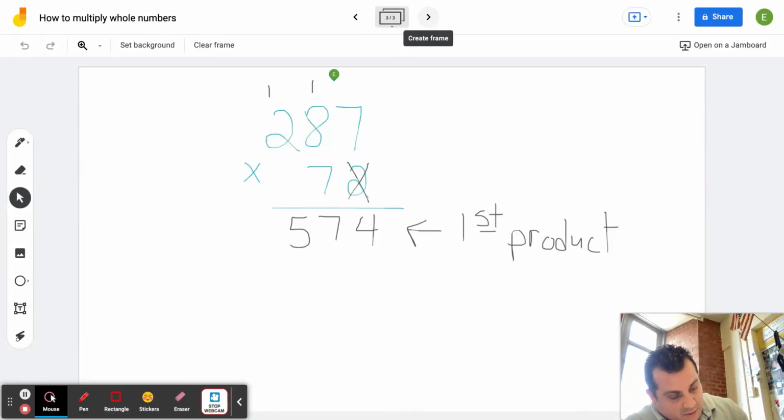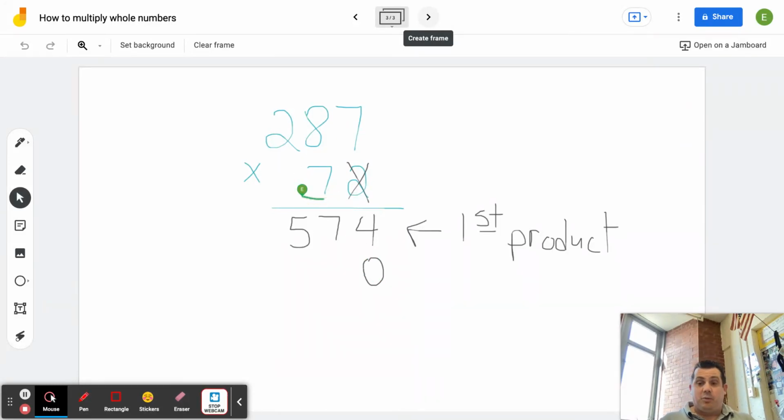Now I'm done with that too. And if I want, I can cross out those numbers that I regrouped. Now I'm doing 287 times 7. But I have to make sure to put a placeholder because that 7 is really a 70.